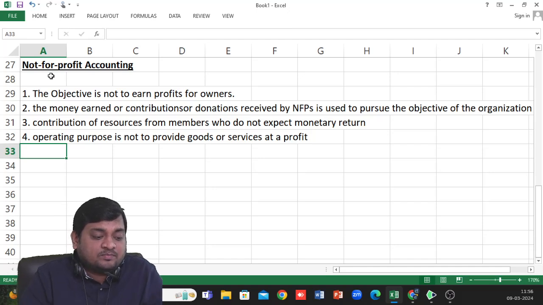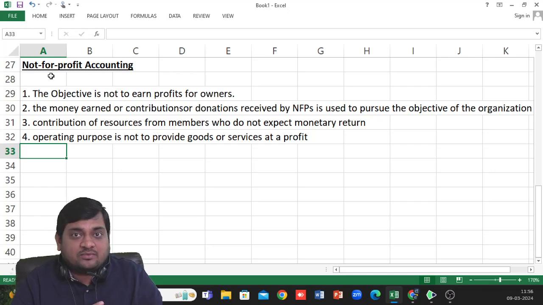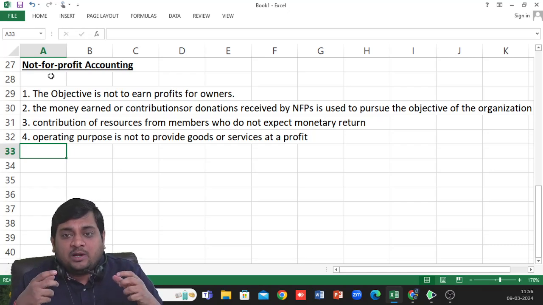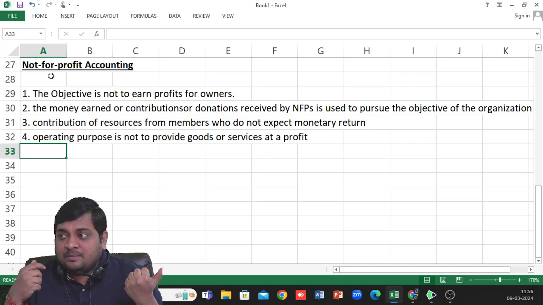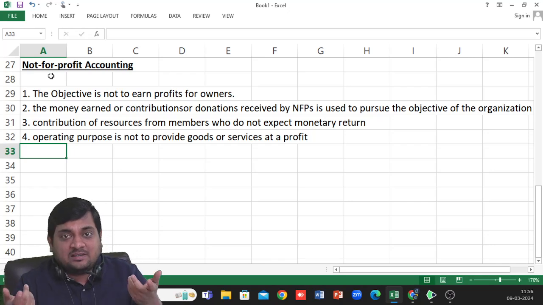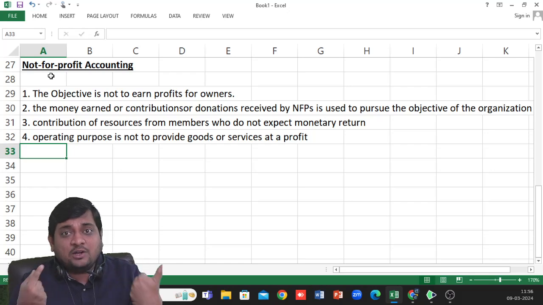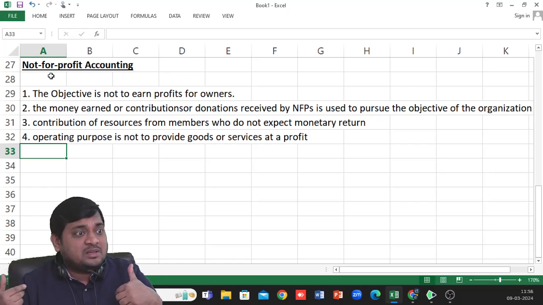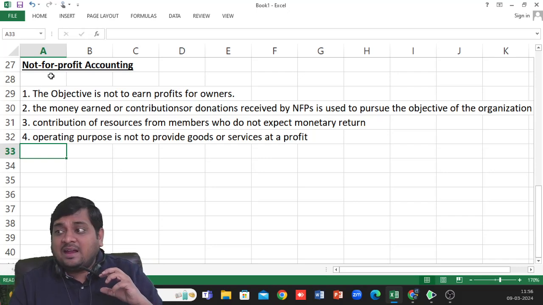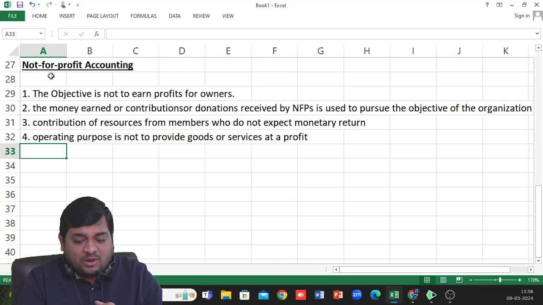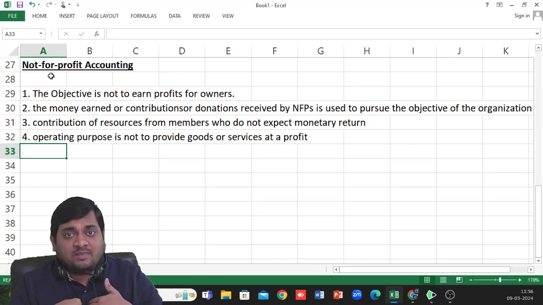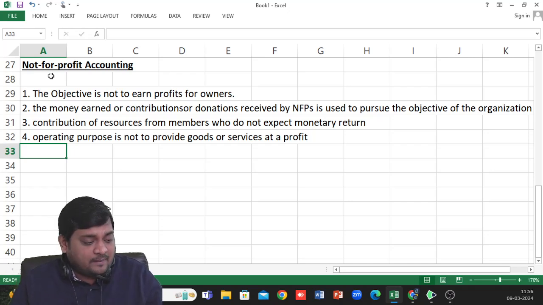It means suppose I am giving some kind of medical relief, so my objective is not to earn by doing the medical treatment of any person or by giving free medicine, right. I am not going to sell medicines at a profit margin, right. But in order to fulfill this main objective, I can do some ancillary activities, some incidental activities, so that I can help more persons, right. So I can engage myself in trade, but the profit which I am generating from such trade is ultimately to provide services for the objective, right.